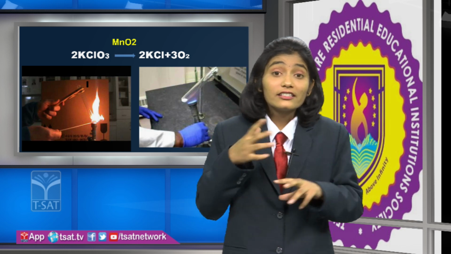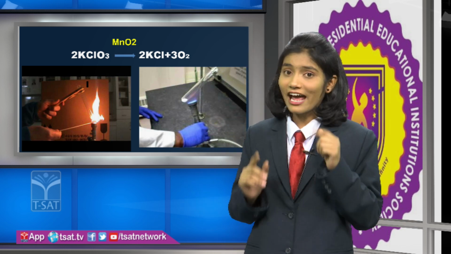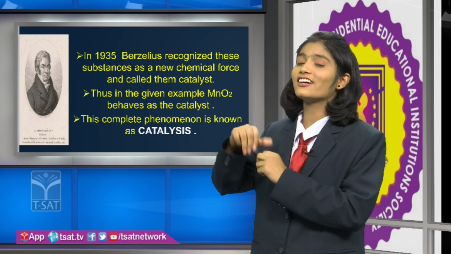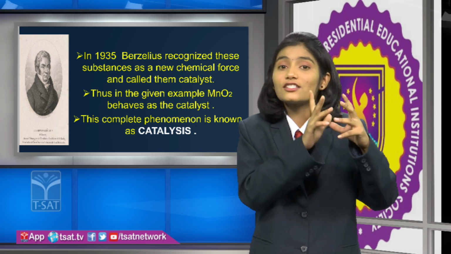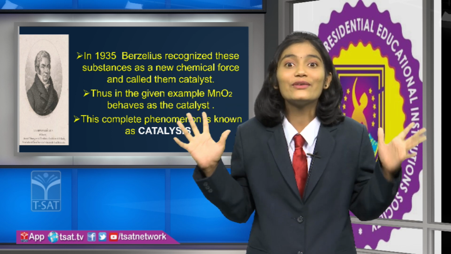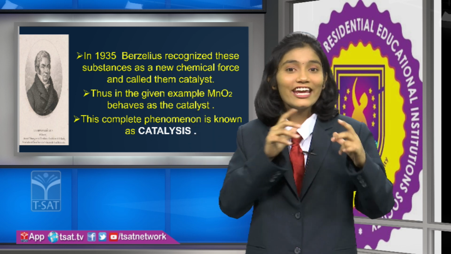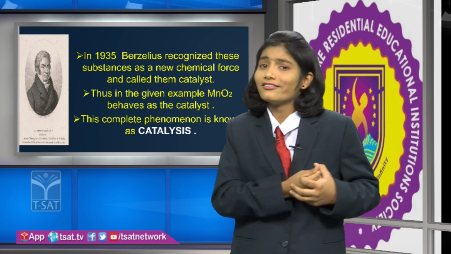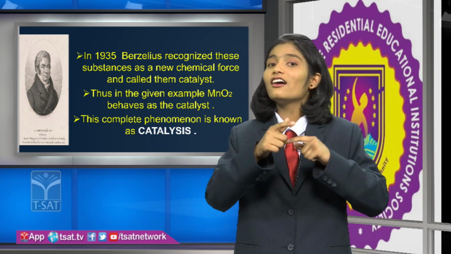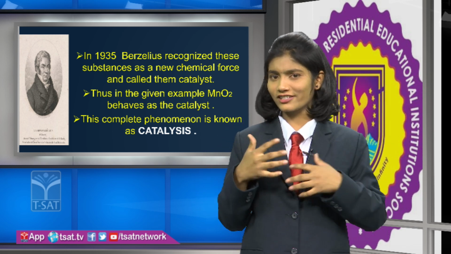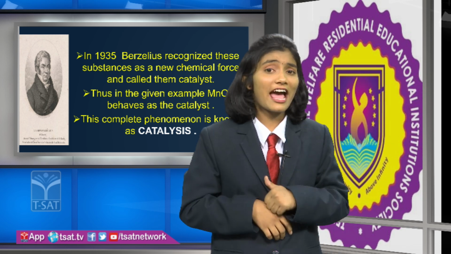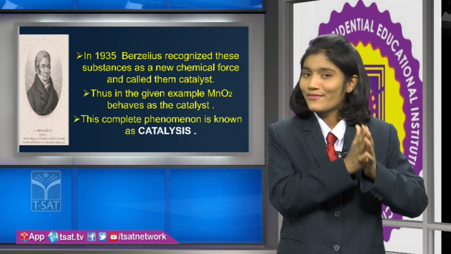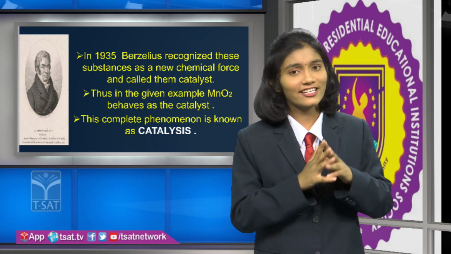Okay friends, it means that, do you know, in 1835, one of the famous scientists, Berzelius, recognized these substances as a new chemical force and later he called them a catalyst. What's that? Catalyst. Now friends, can you say in the above reaction which we have discussed, which substance acted as a catalyst? Yes, manganese dioxide acted as a catalyst.